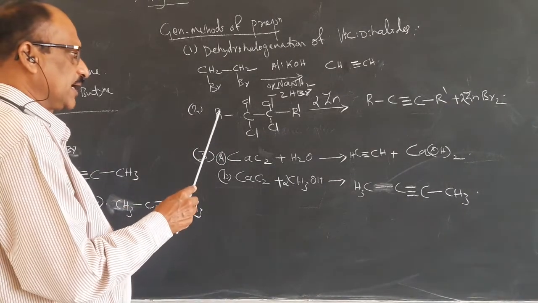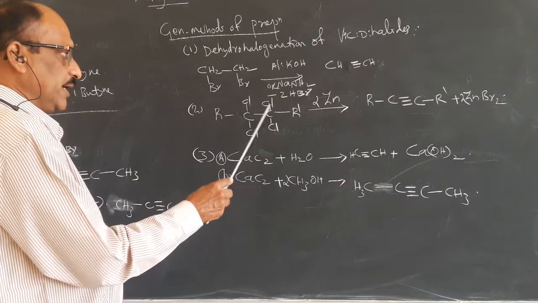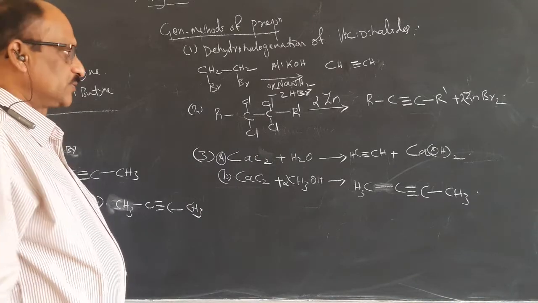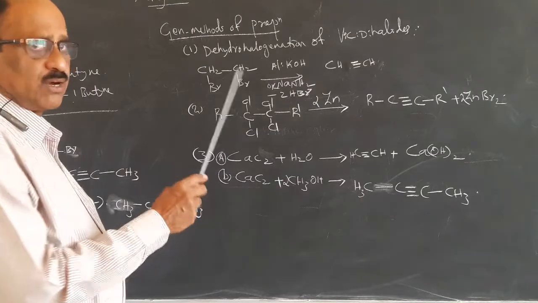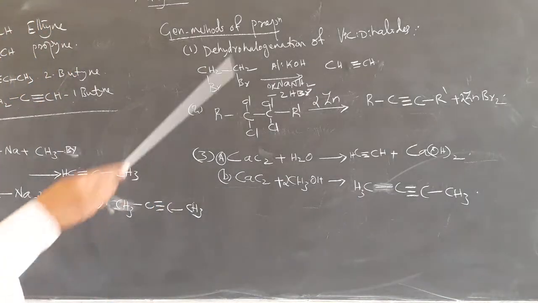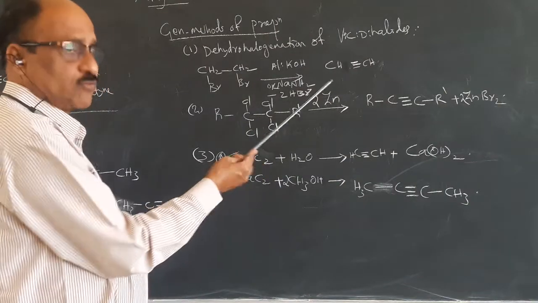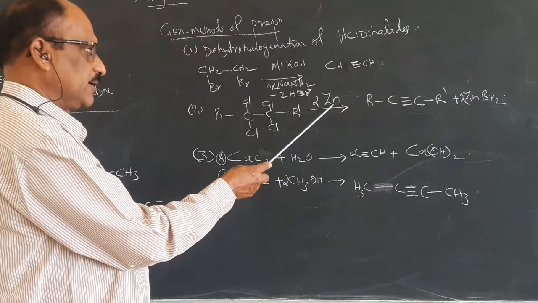I have taken a general example, RCCl2 CCl2 R dash. This compound is a tetrahalide. What you have to do is eliminate the halogen atoms by using zinc metal. Zinc metal you have to use, copper also can be used.